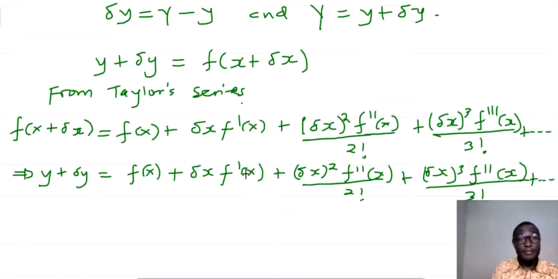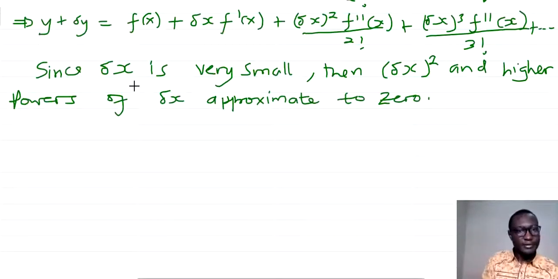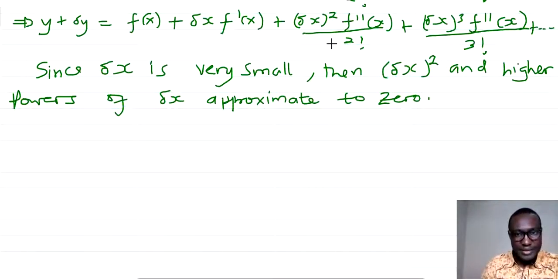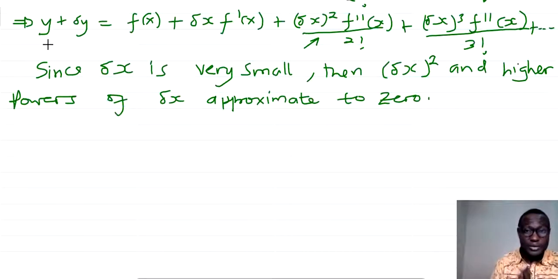Now from here, since delta x is small, delta x squared and other higher powers of delta x approximate to 0. A very small value, when you give it higher powers, will always tend to 0. So these terms are going to be zero terms, and they will not be significant.